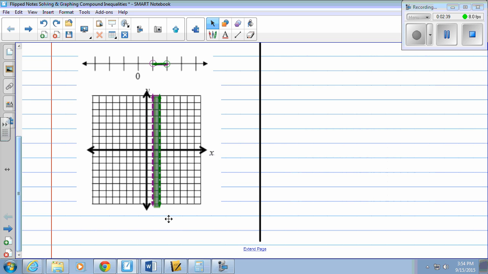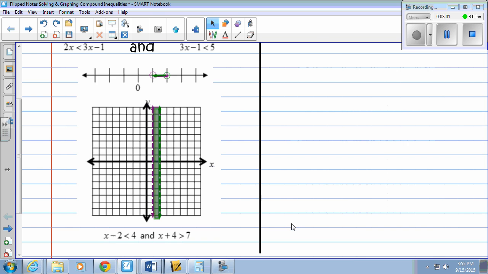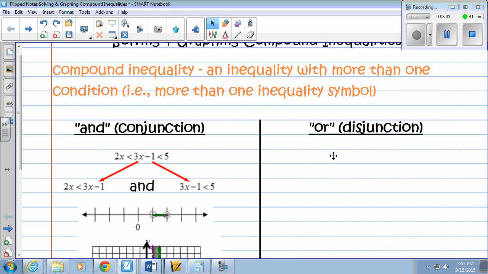Okay, and then I finally just wanted to show you the last type of compound inequality. An or inequality is separated with the word or, and this one is less restrictive.